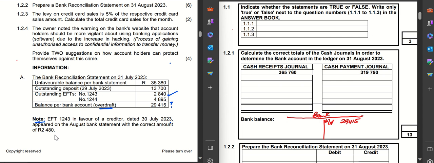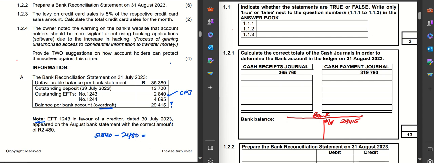So they are telling us that this EFT, which was recorded in the CPJ as 2840, has now appeared on the statement with the correct amount of 2480. That simply means in the CPJ we recorded more, and if we have more in the CPJ, we correct it by recording the difference in the CRJ. So you say 2840 minus 2480, and then the difference.